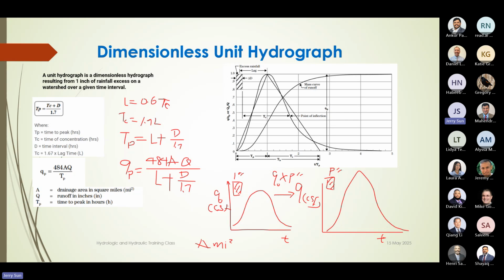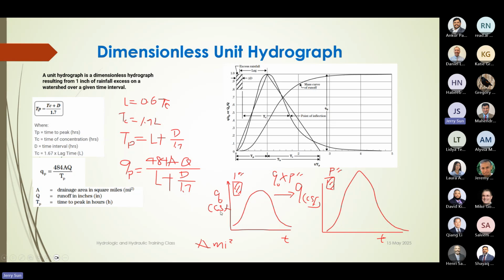But this is the shape, right? They assume 1-inch depth of water and it comes out at the outlet. For example, at the outlet they test the flow, so they get this curve in cubic feet per second at different times. This is called a unit curve.